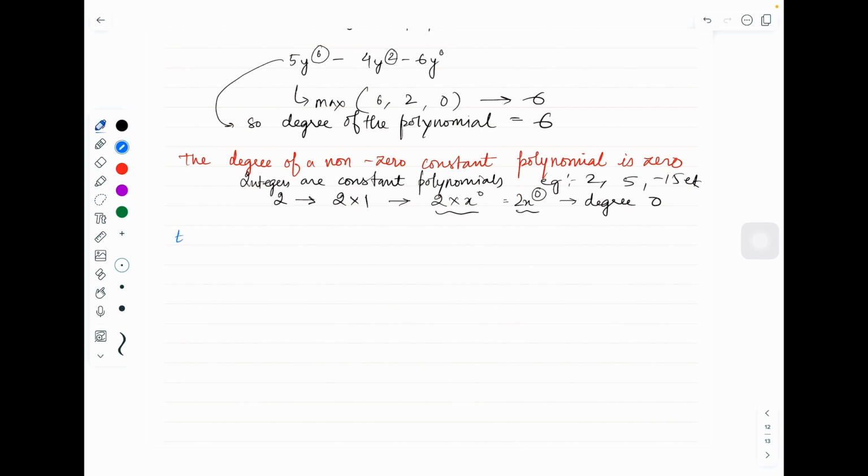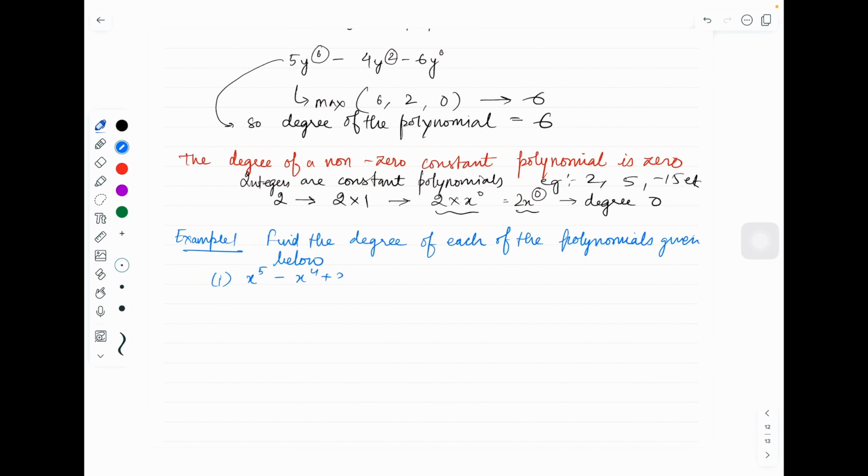Now the first example of this chapter in NCERT: find the degree of each of the polynomials given below. First question is x to the power 5 minus x to the power 4 plus 3.